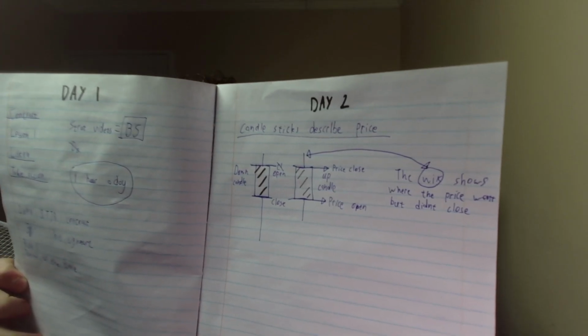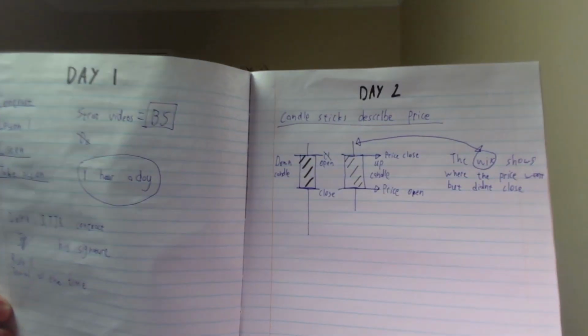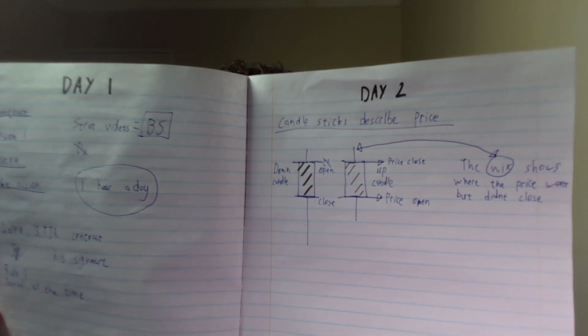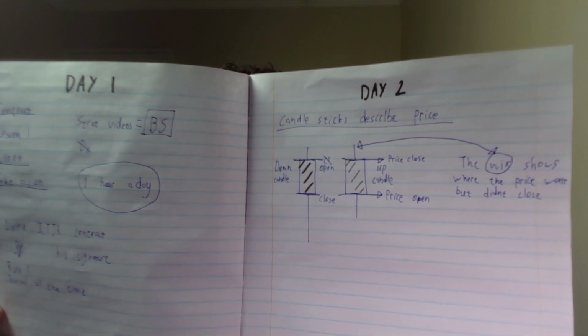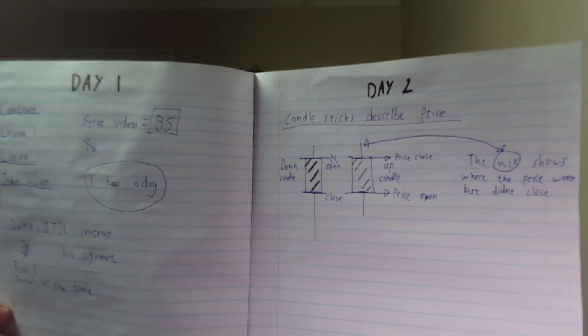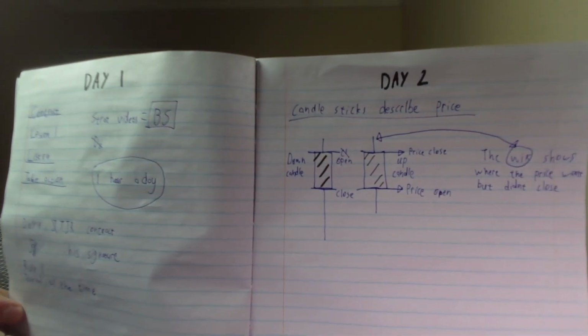I'm going to call them positive candles because that makes more sense to me. For the positive candle, the candle that went up, the price closes at the top and opens at the bottom. And for a negative candle, it opens at the top and closes at the bottom, which actually makes a lot of sense. I should have been able to put those together with just common sense, but it's good to know.